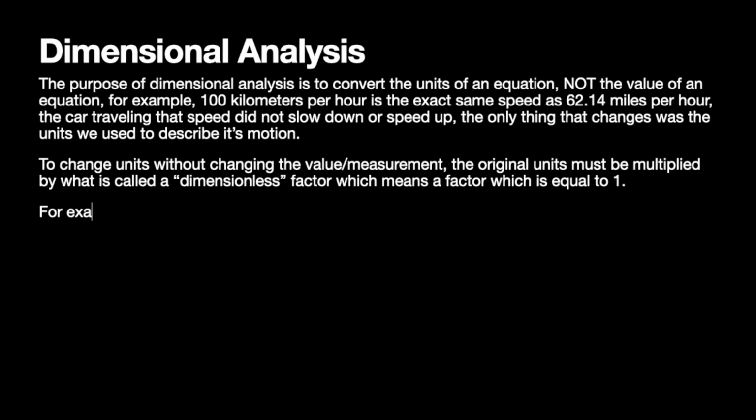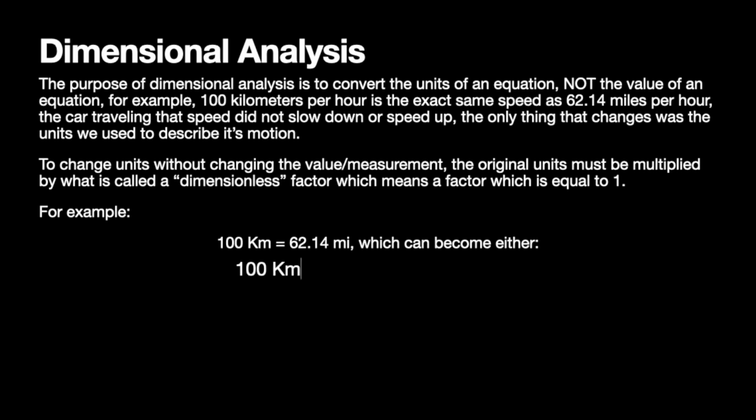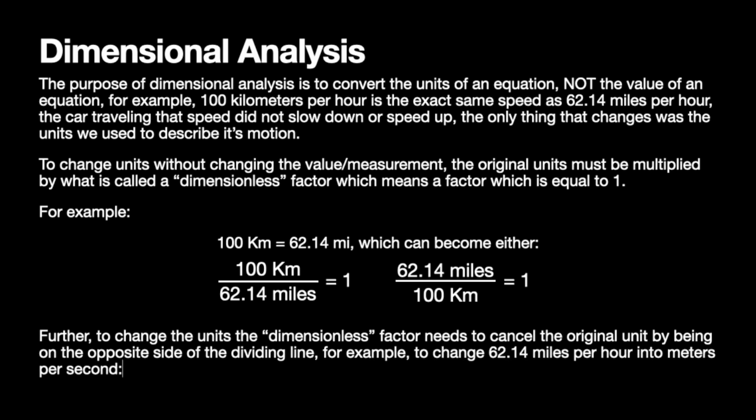For example, 100 kilometers equals 62.14 miles, which can become either 100 kilometers divided by 62.14 miles equals 1, or 62.14 miles divided by 100 kilometers equals 1. Further, to change the units, the dimensionless factor needs to cancel the original unit by being on the opposite side of the dividing line.